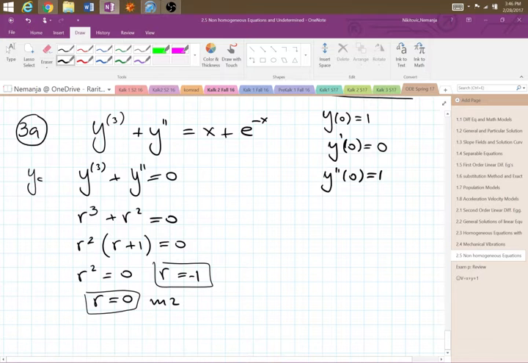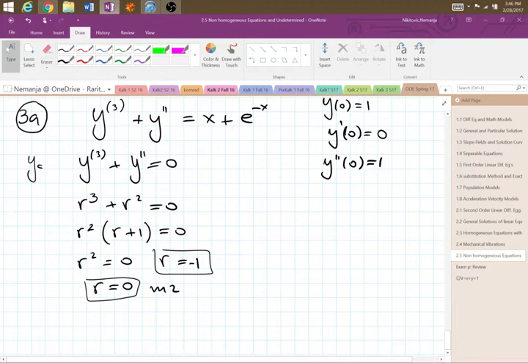So what do the solutions look like for this one? Anyone? We have e to the negative x, but then what else?